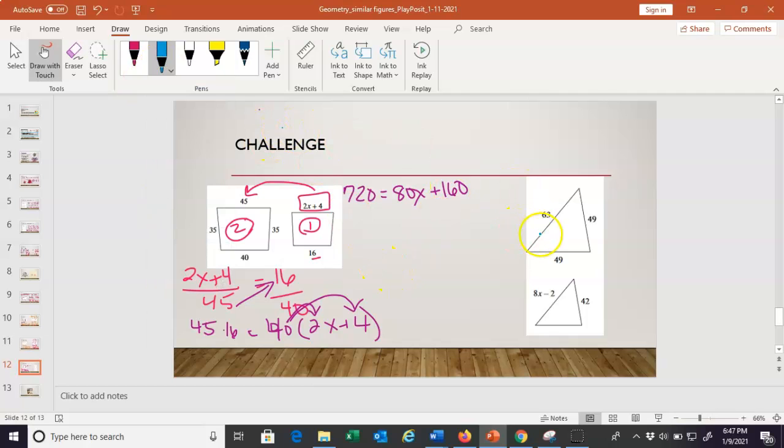Now we're going to keep solving for x. So I'm going to subtract 160 from both sides. Bring down the 80x. And we end up with what? Let's see. 560. Last step to get that x by itself, we're going to divide by 80 on both sides.